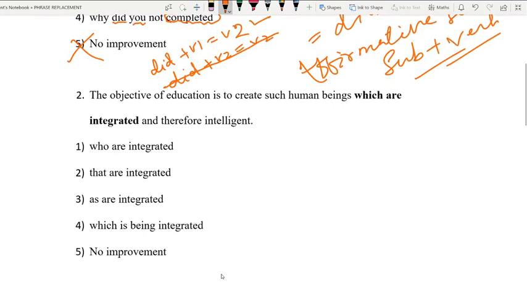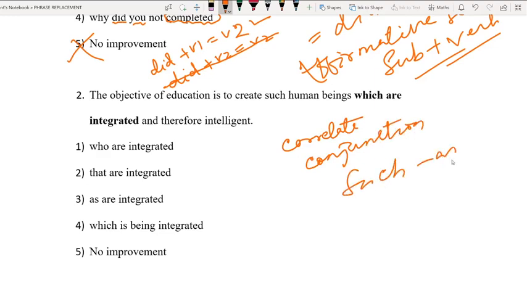It is a very easy question. And here, question number 2 is based on the use of correlative conjunctions. Please remember, whenever we use the "such as" structure, "such as" has 2 meanings.